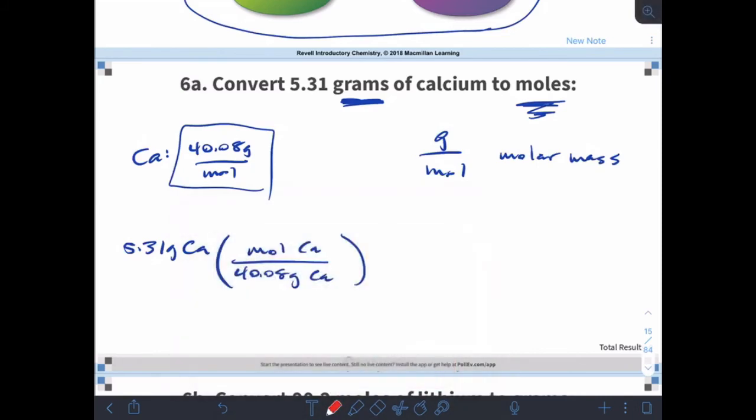So if I cancel out my grams, that means that I should have an answer in moles of calcium to finish. And we should come out to be 0.132 moles of calcium. And that really should just be Ca.